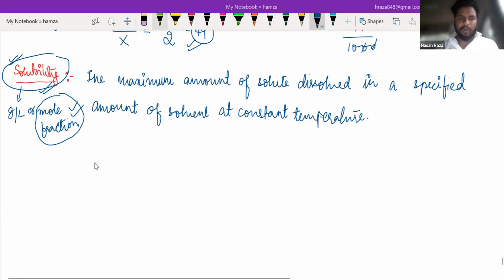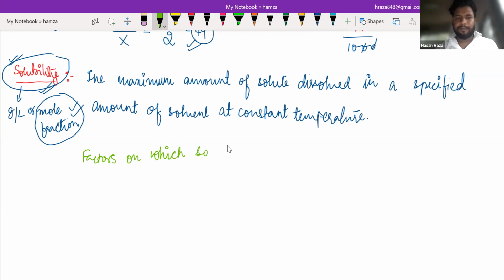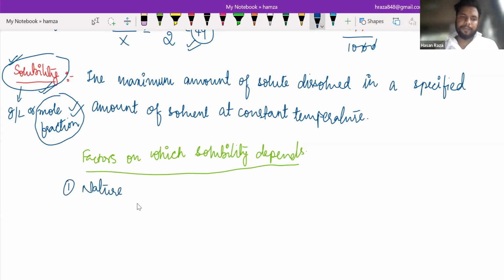Now see, the next topic is factors on which solubility depends. There are three major factors on which solubility depends. The first one is nature of solute and solvent.